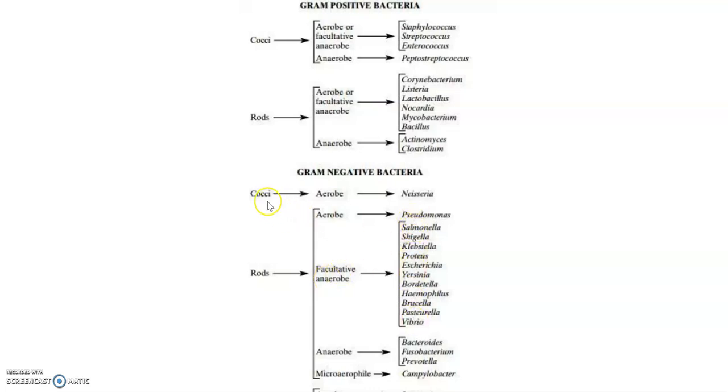If you're working with gram-negative cocci, your possibilities are really limited. It's only Neisseria. If you have a gram-negative rod, you have a lot more possibilities, okay? And then you'd have to limit it to the type of respiration it does, okay?